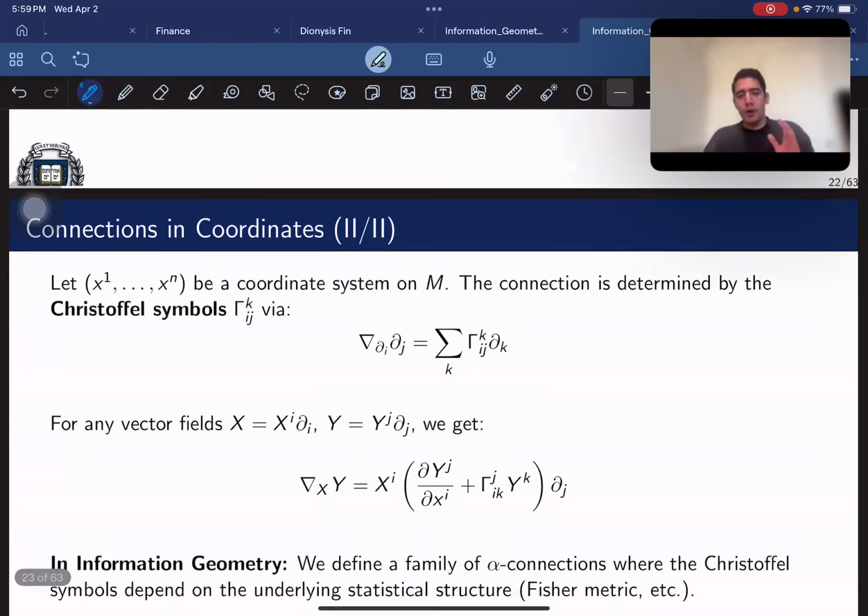So all you need to do is to find the affine connection on the basis you have.